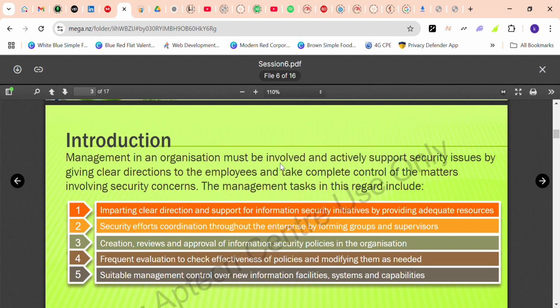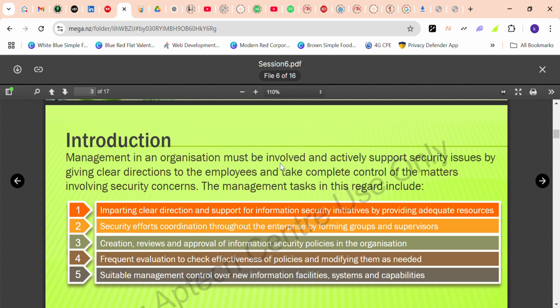They are in charge of creating, reviewing, and approving it. And number four, frequent evaluation to check the effectiveness of the policy and modifying it as needed. They are also in charge of reviewing it after implementation, after creation and approval of the policy.